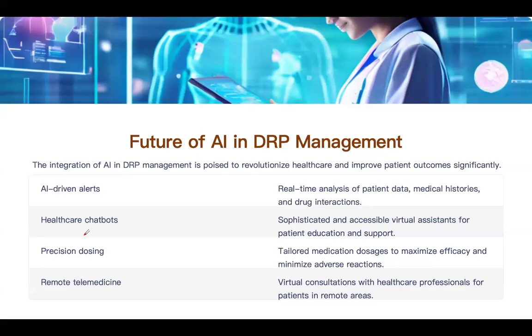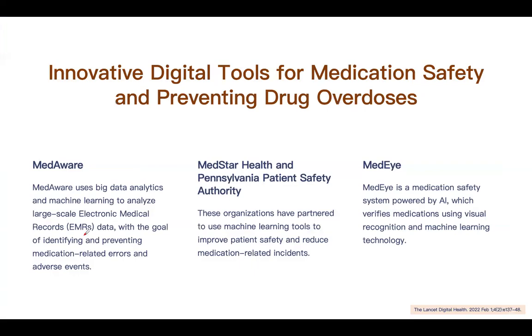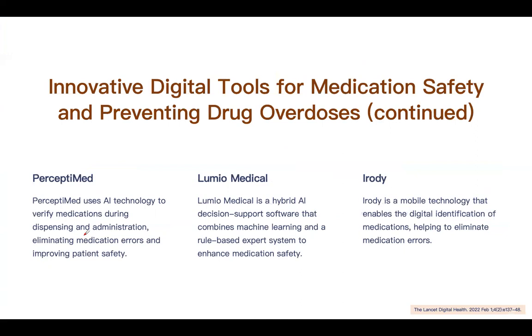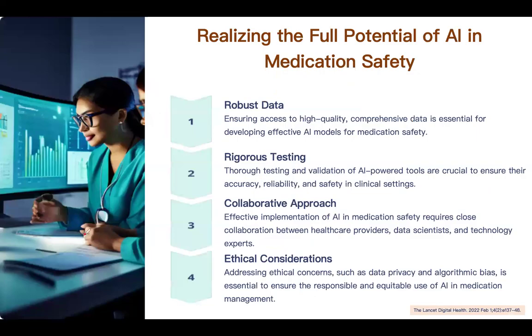This could significantly improve patient outcome. So these are certain innovative digital tools for medication safety and preventing drug overdose, like MedAware, MedStar Health, the Pennsylvania Patient Safety Authority, MedEye, Prescriptimate, Lumio Medical, and IRODI, which are very essential.